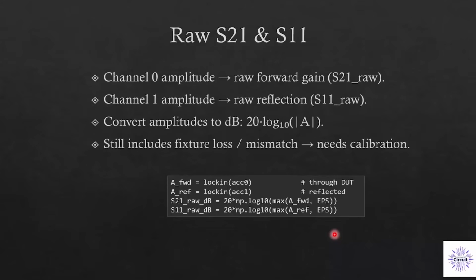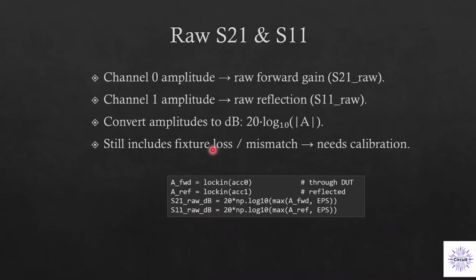Then I measure the received amplitude as the TX frequency is changing and the sine tone frequency, which is the input to the device, is changing. So based on this, if I didn't have any loss or mismatch in my system, I could just use these measured amplitudes to measure S21 and S11.